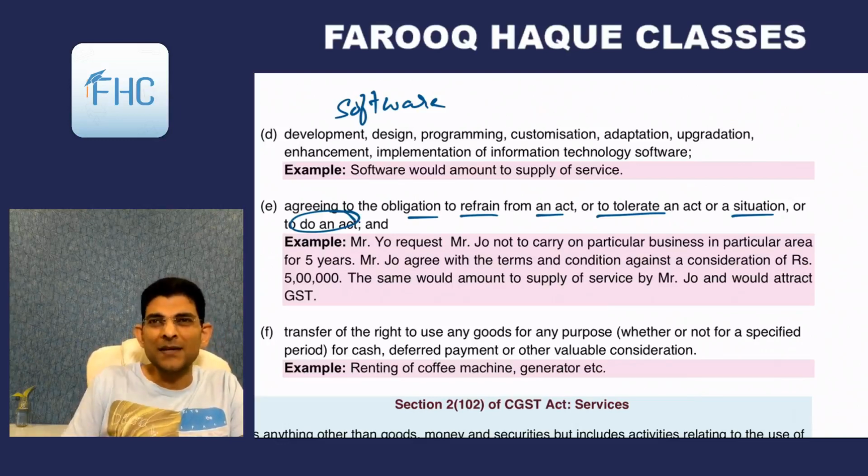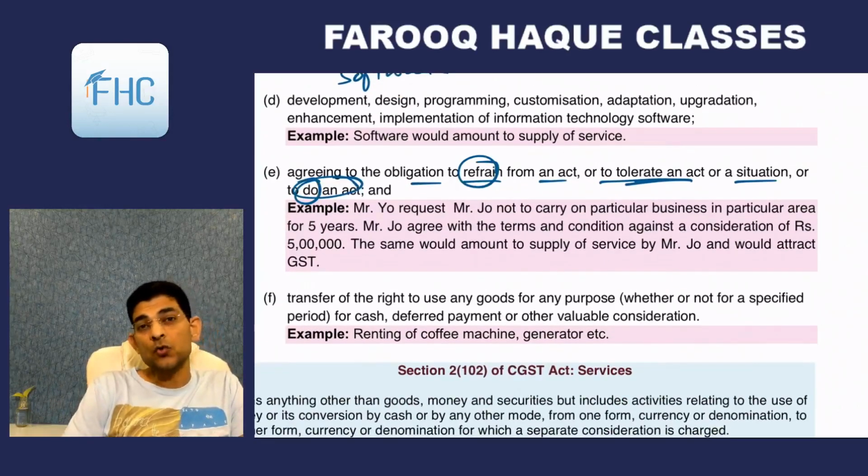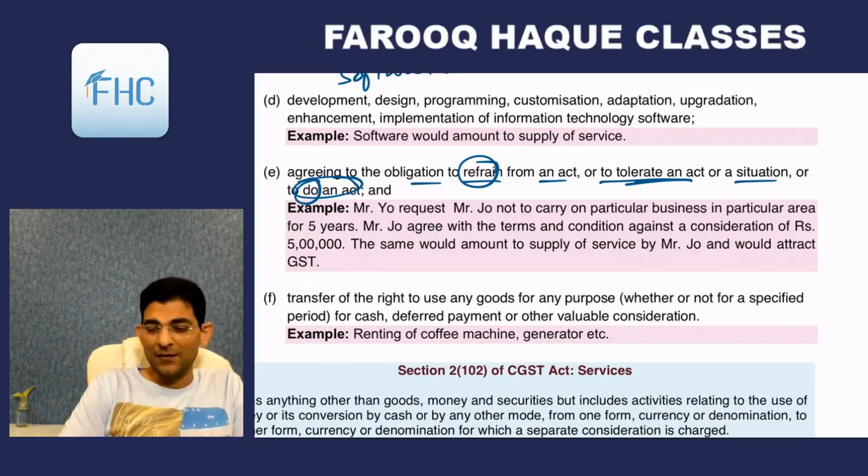Non-compete fees basically, or to tolerate an act or situation or to do an act. Refrain as well as to do. Either I should not do something, or I should do something, or I should tolerate something without arguing with you, without deliberations. So all these points are there.